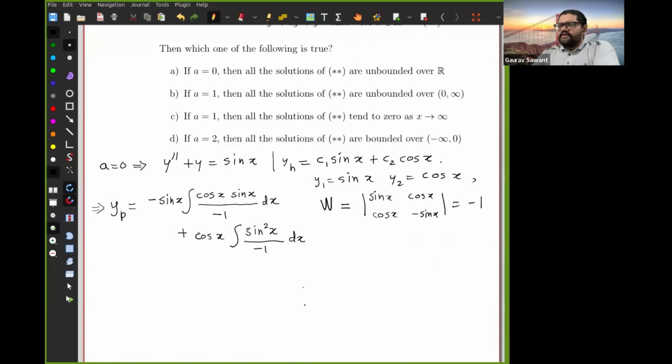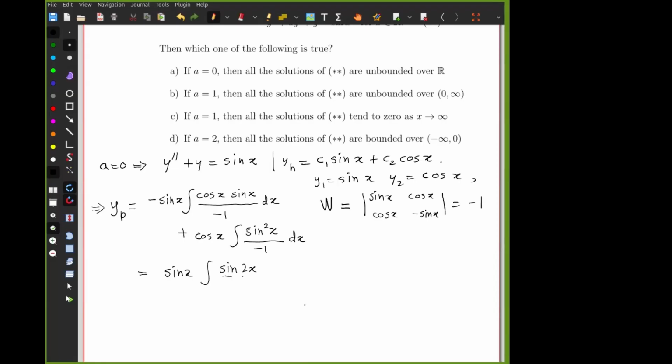Okay. Now tell me what that comes out as. This minus sign will get cancelled, sin x. Inside there is cos x sin x, so that is half sin 2x, right?